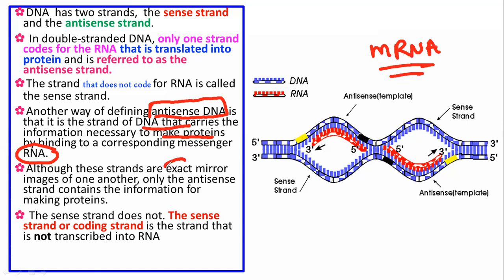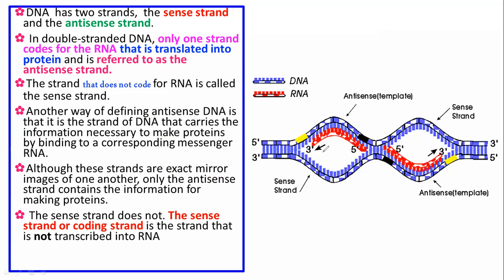They are exact mirror images of one another, because if the antisense strand has guanine, the messenger will have cytosine.